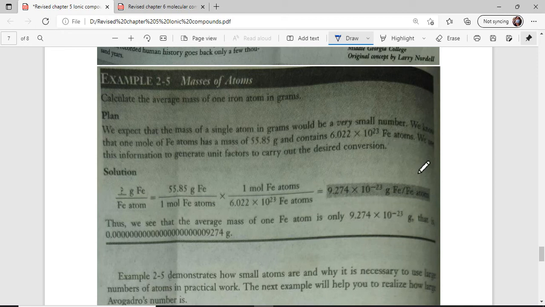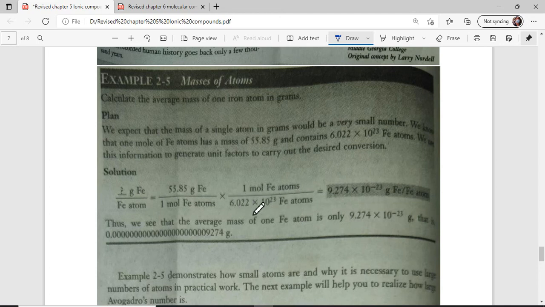In this information, to generate the unit factor to carry out the desired conversion, it is equal to your grams of iron divided by Fe atom. Therefore, if you have 55.85 grams of Fe over 1 mole of Fe atom, times 1 mole of Fe atom over Avogadro's number.